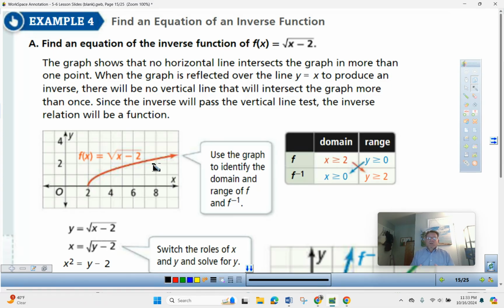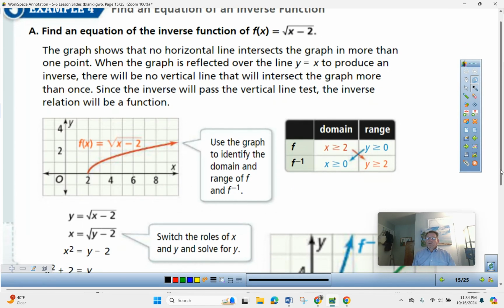And again, the horizontal line test is if it doesn't touch a horizontal line more than one place, that means once you find the inverse, it will also be a function, not just an inverse relation. When the graph is reflected over the y equals x line to produce an inverse, there will be no vertical line that will intersect the graph more than once. Since the inverse will pass the vertical line test, the inverse relation will be a function.